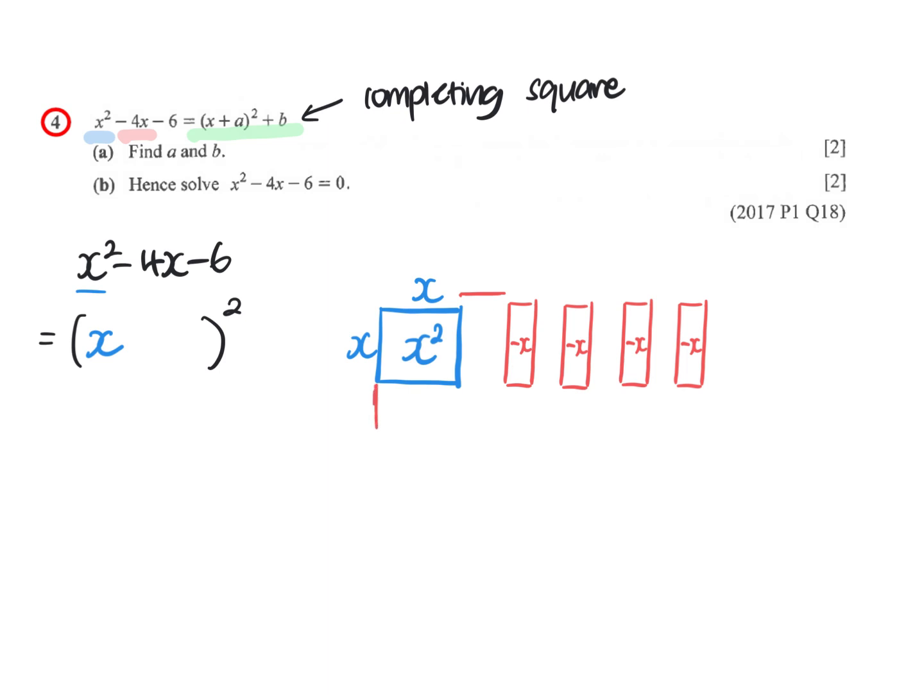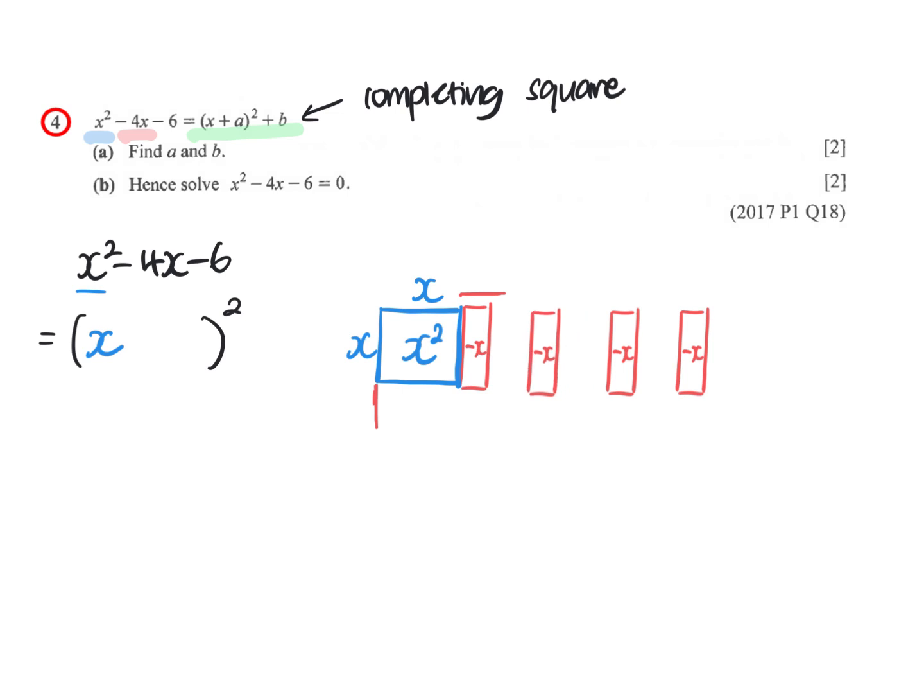So since I have negative 4 of them, I need to split this up equally into 2 parts. For the first one over here, I'll put negative x. Then I'll rotate this and change it into a horizontal rectangle, and I'll put it in over here.